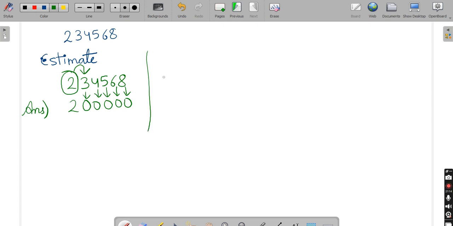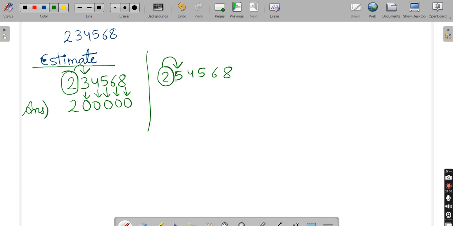Now let us take the second example, let it be 2 5 4 5 6 8. Whenever they write the question as estimate, every time you should think about the maximum place they want to round up.